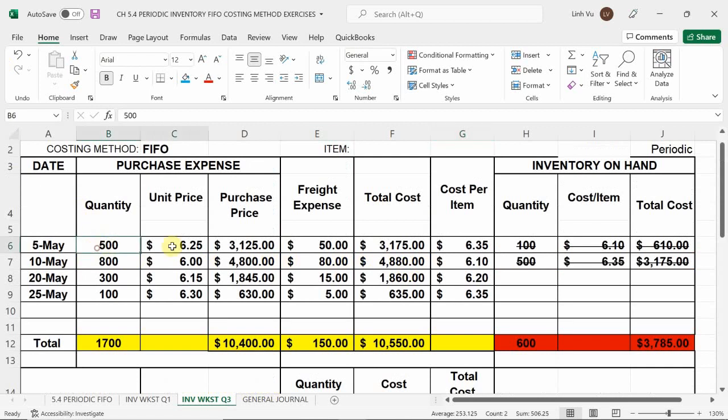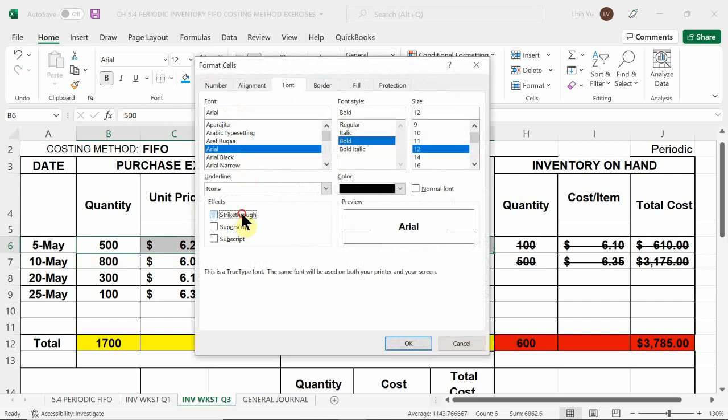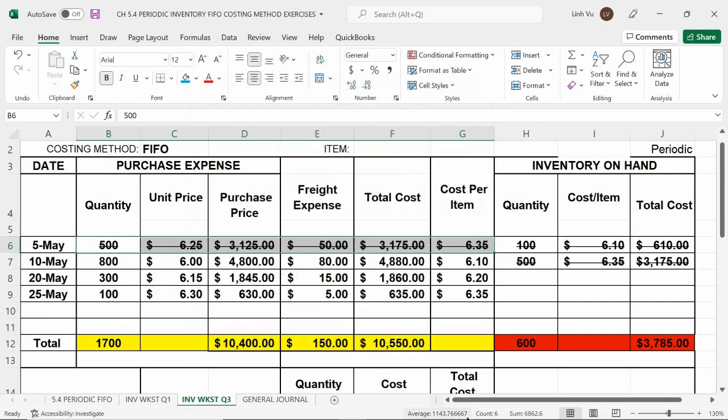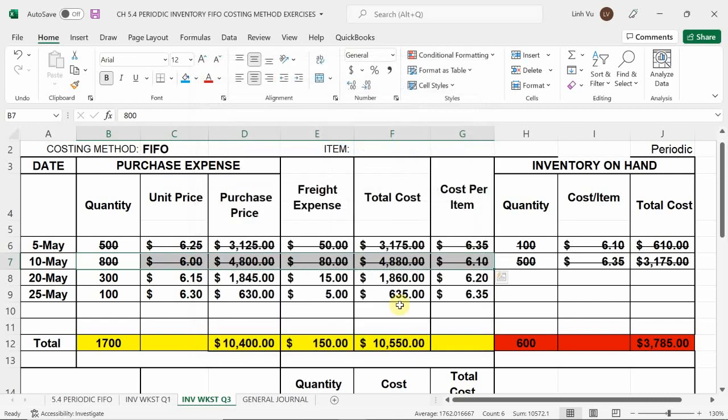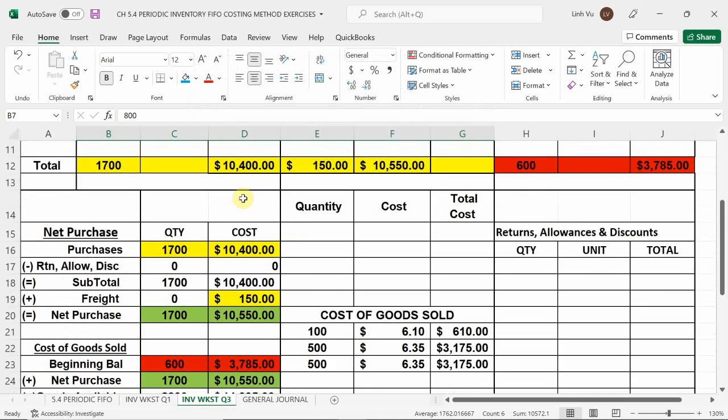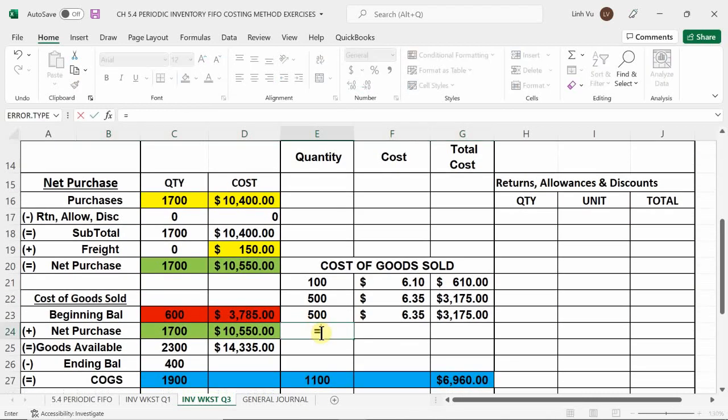So I got rid of my batch of inventory here. Which batch am I going to take out from next? May 10. Oh, perfect. I have exactly 800 units that I can get rid of.